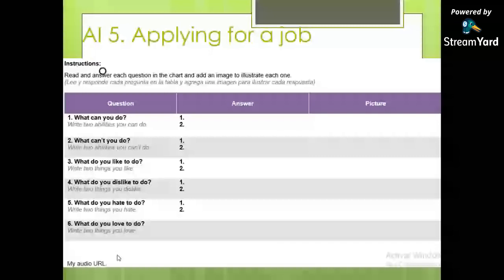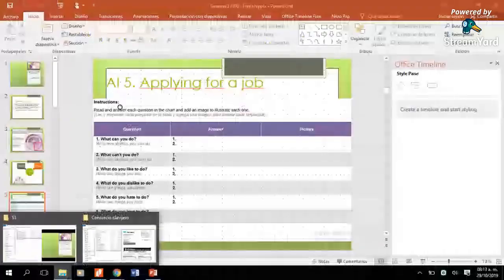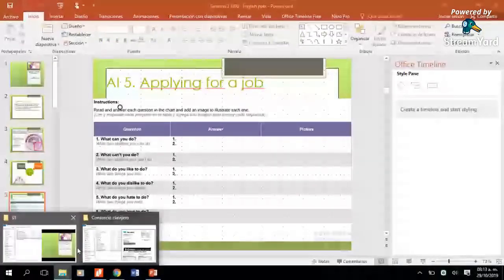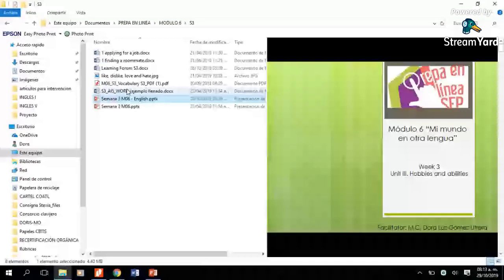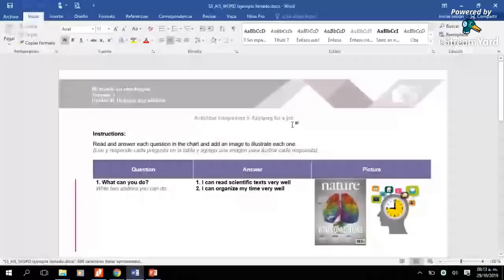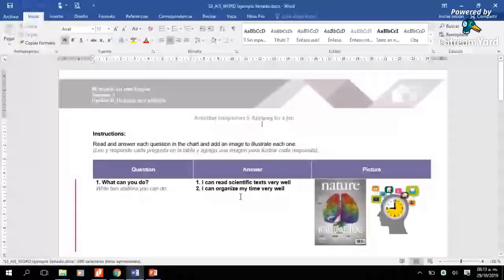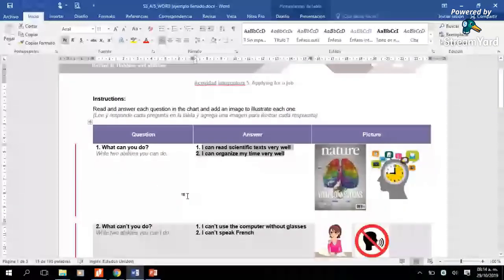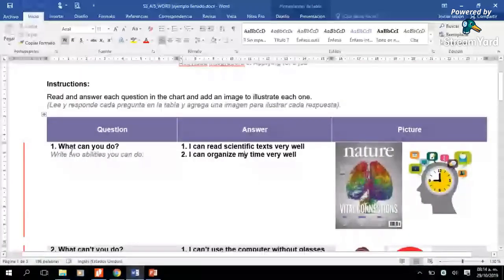So, what else about here? Well, I have an example of the format with all the information that is asked of you. Here is the format. I filled it with my personal information, and notice this. For example, for the first question, what can you do? Write 2 abilities you can do.